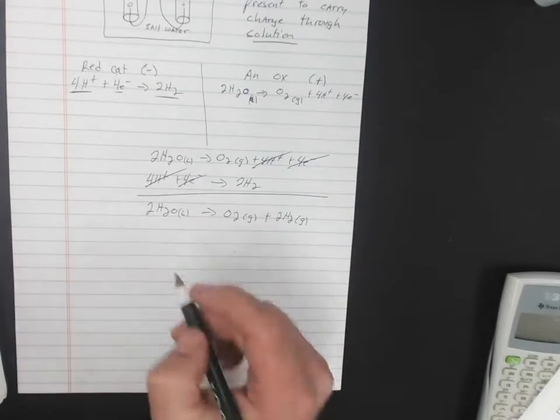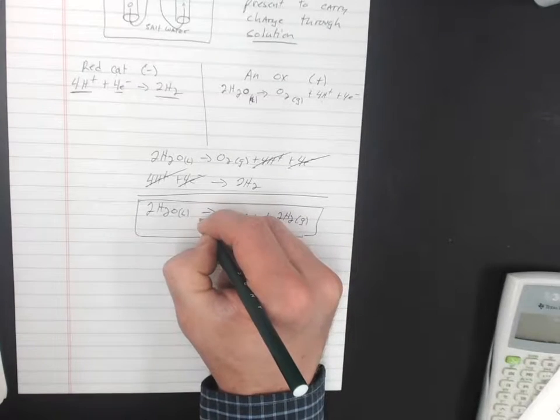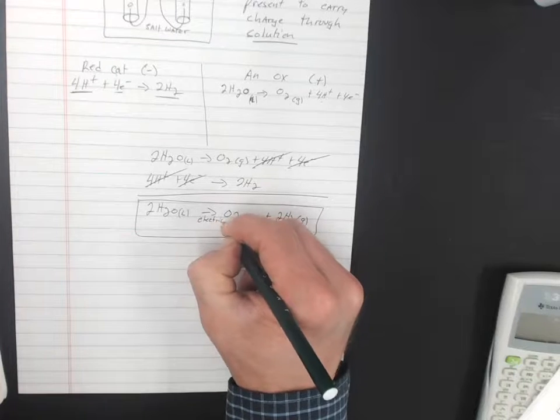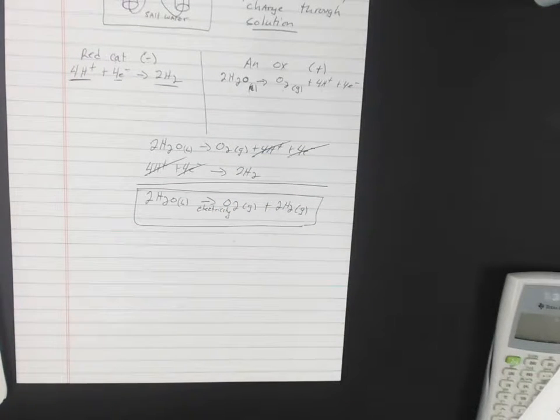This is what we call our complete equation. We usually write electricity over or under the arrow to show that it requires a continuous input of electricity for this to occur.